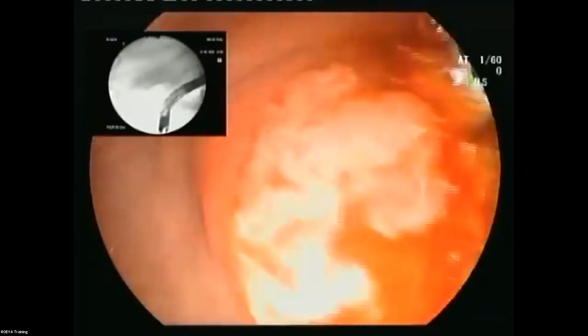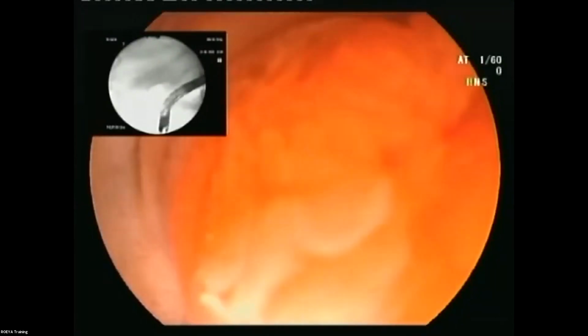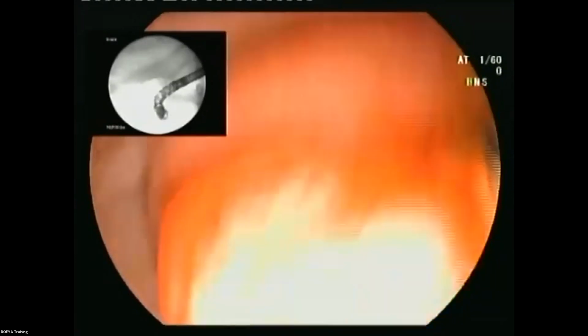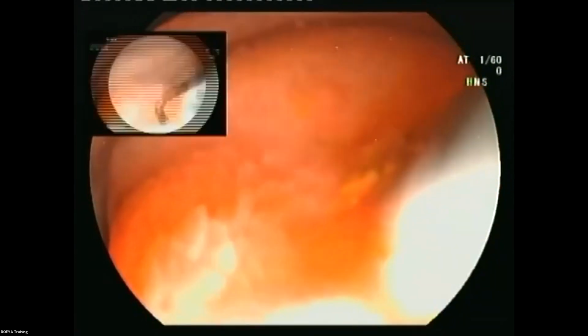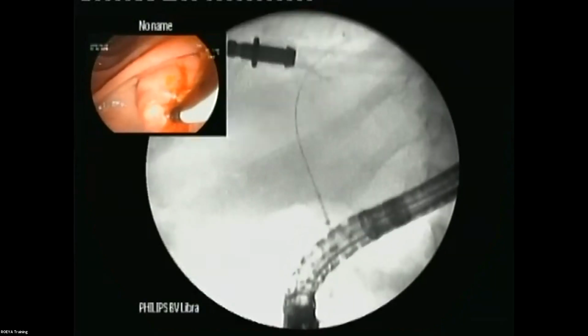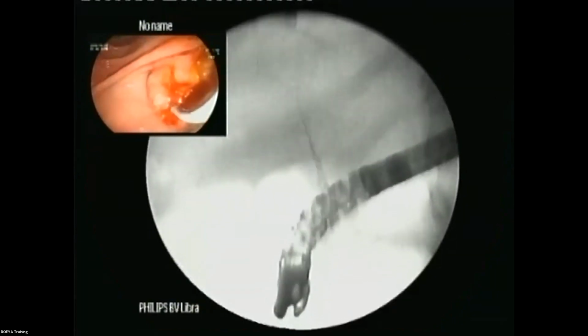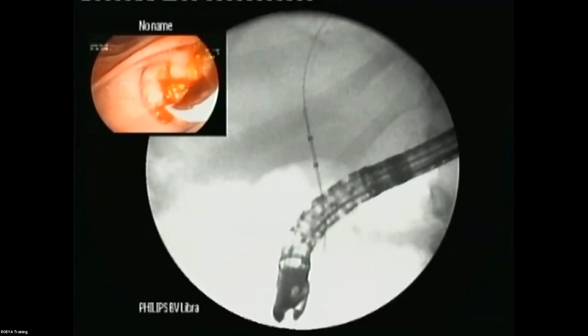Then I wash with saline and clean everything. And then I start injecting contrast, first without the balloon inflated. Then I start gently inflating the balloon and pulling back. That's right.